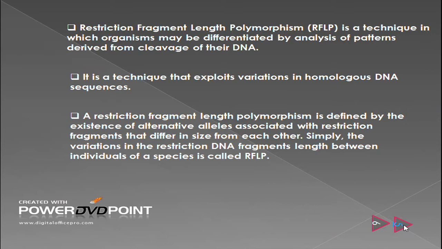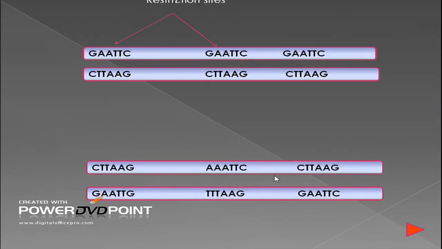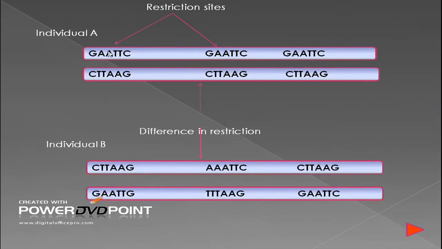Here you can see there are two DNA strands taken from different individuals, A and B, and these are the restriction sites present within the DNA. You can see in individual A there is a difference in the restriction site. So these differences are exploited in the technique of RFLP.